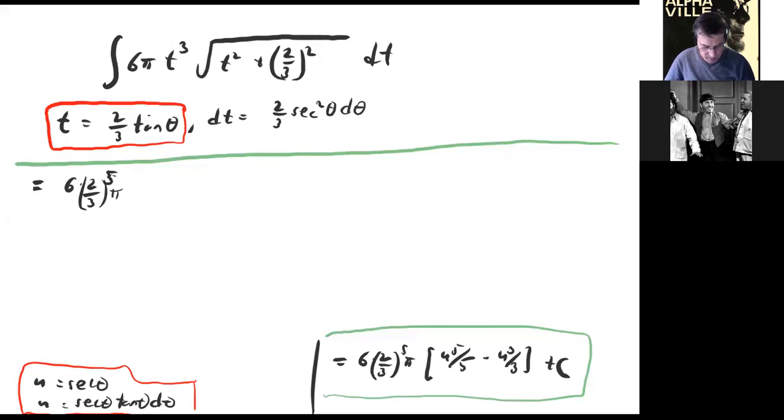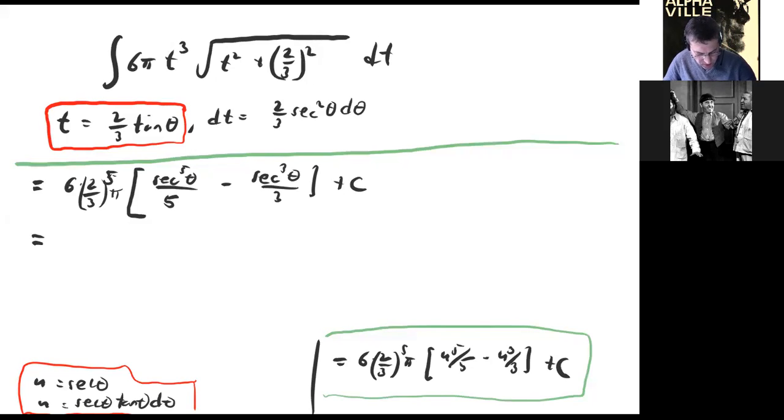Okay, so what do we have? We have, in brackets, secant to the 5th theta over 5 minus secant cubed theta over 3, plus c. And then we obtain, when we go back, and remember that t is 2/3 tangent theta, let's leave it in terms of theta for now.